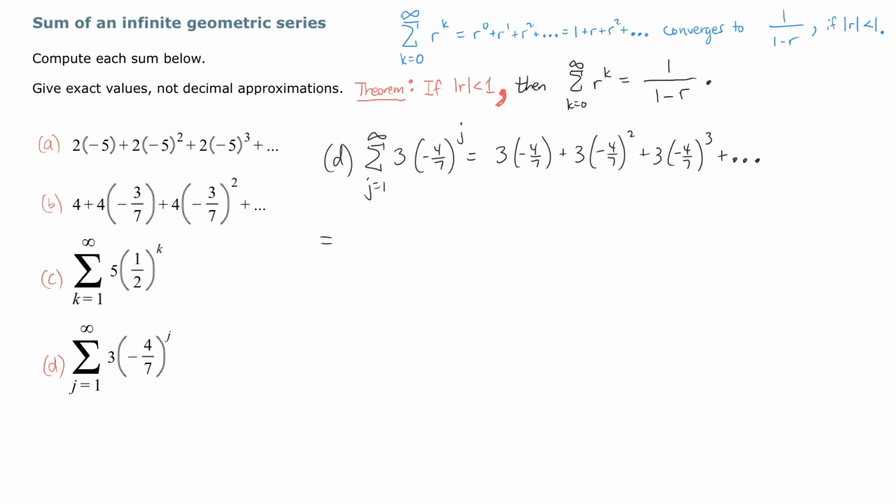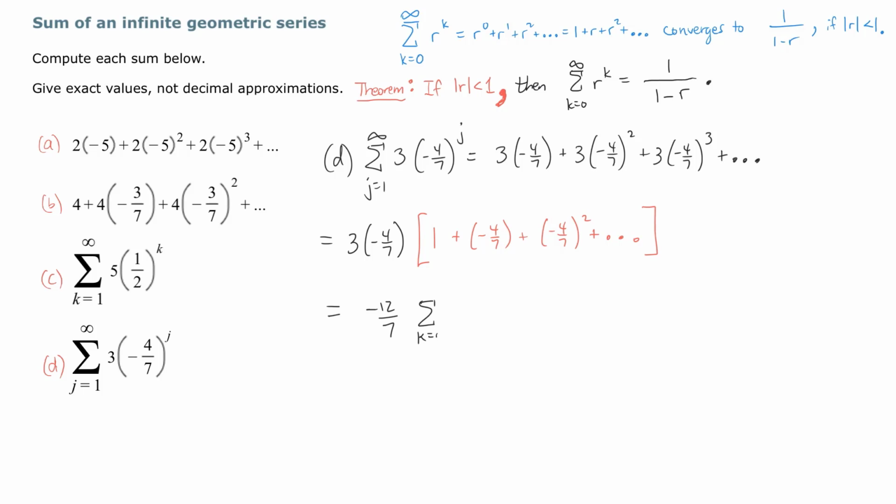I'm going to write the next expression, which is the greatest common factor, 3 times negative 4/7, and let's see what's left. What's left is a 1 plus a negative 4/7 plus a negative 4/7 squared, and so on and so forth. This is a nice and easier approach. Now we have negative 12/7 as the greatest common factor, multiplied by the series.